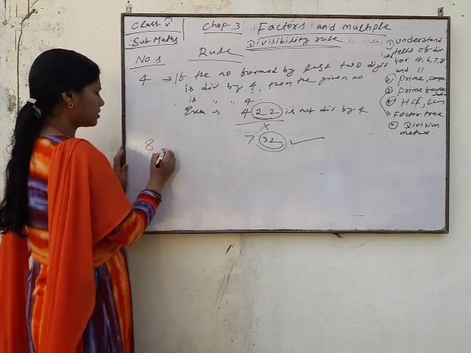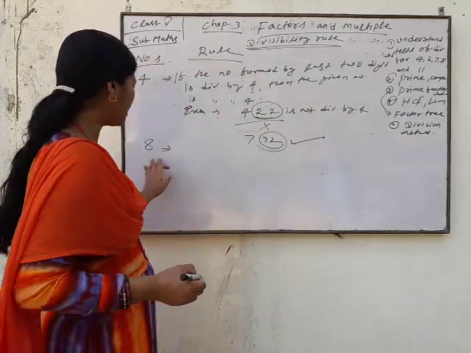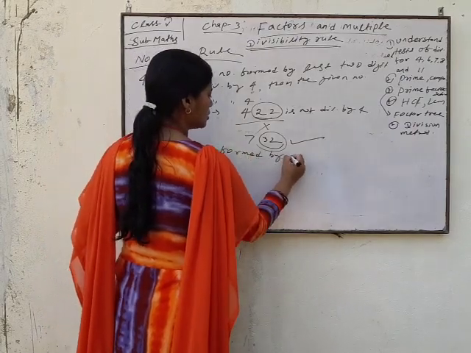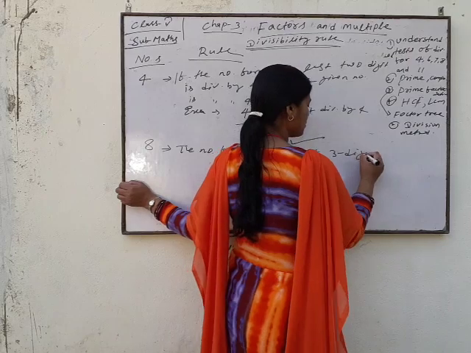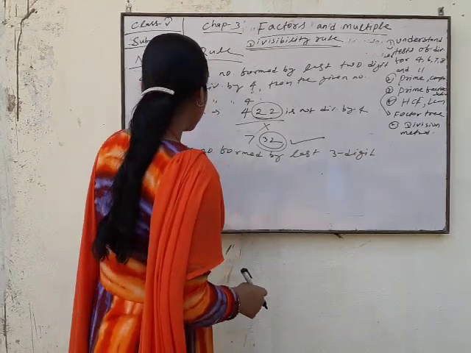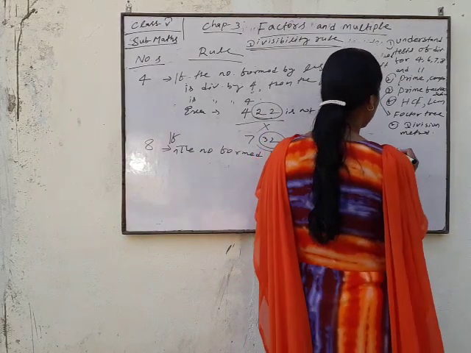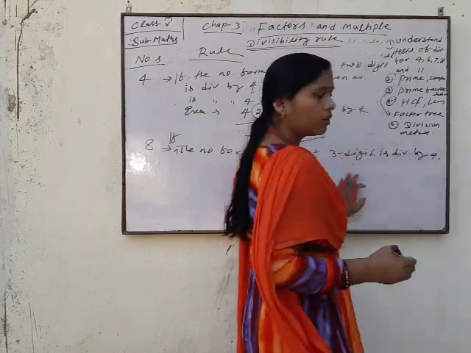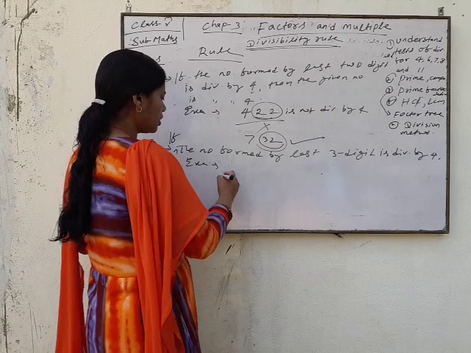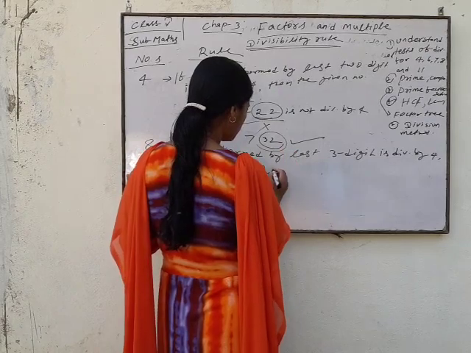The same as 8; 4 and 8 are similar. In 4 we take the last two digits, but in 8 the last three digits. If the number formed by the last three digits is divisible by 8, then the number is divisible by 8. Suppose the number is 4020.